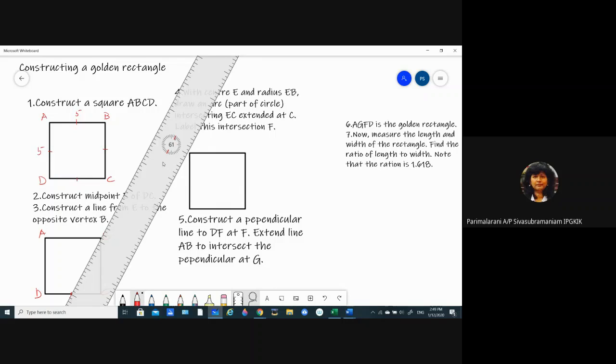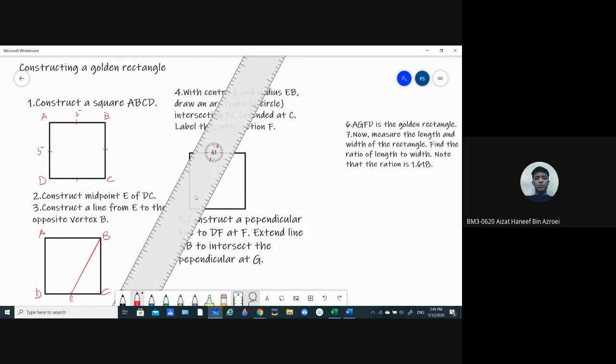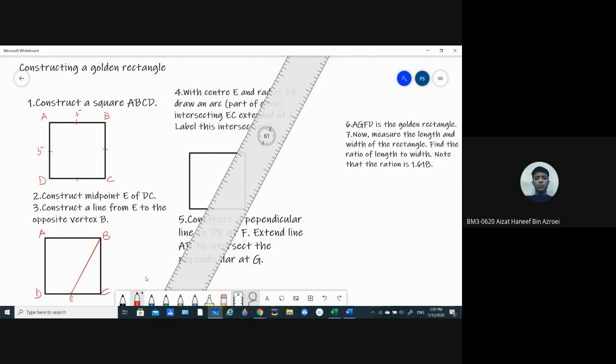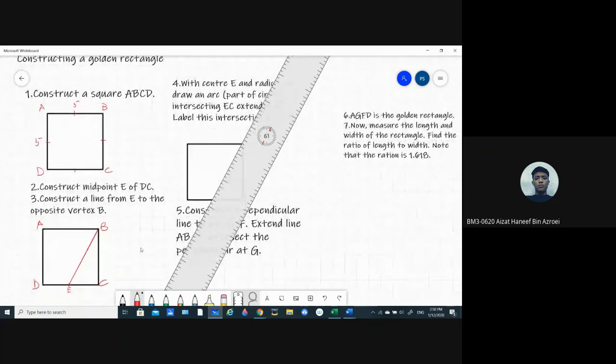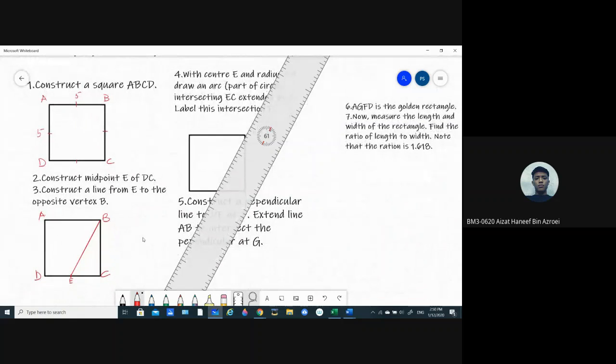So from E, draw a straight line to B. Can you calculate what is the length of EB?